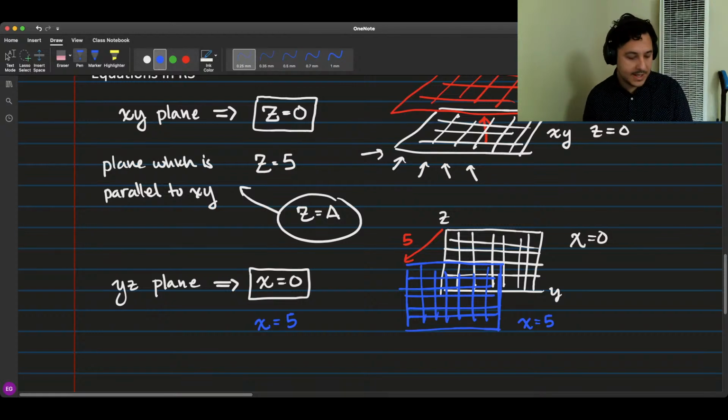Where would x equals negative 5 be? Yeah, behind. Exactly. You would move 5 behind, because remember, this is positive x and this is negative x. That's why we know that's on that side.